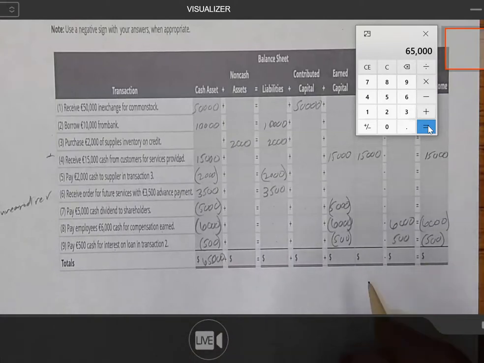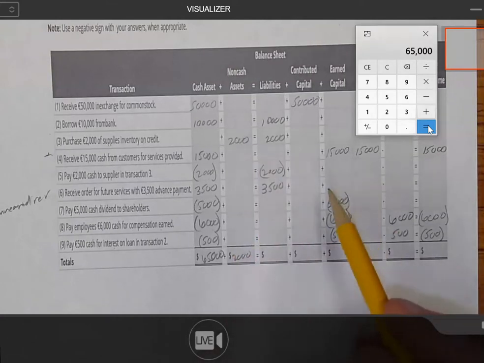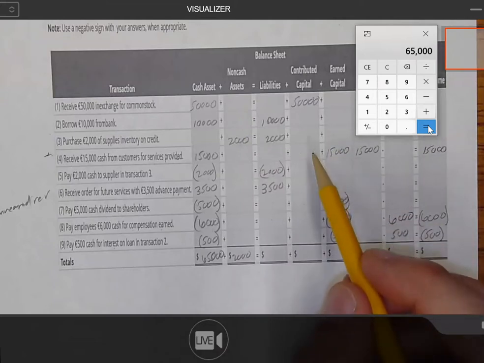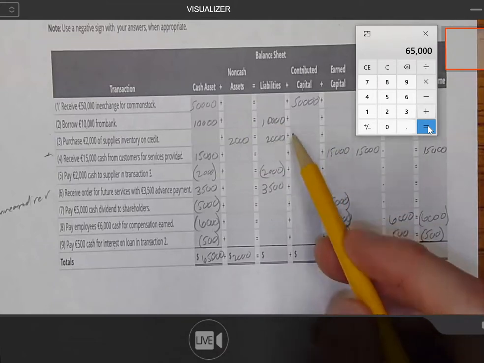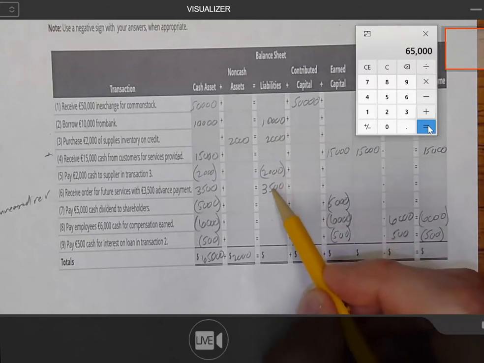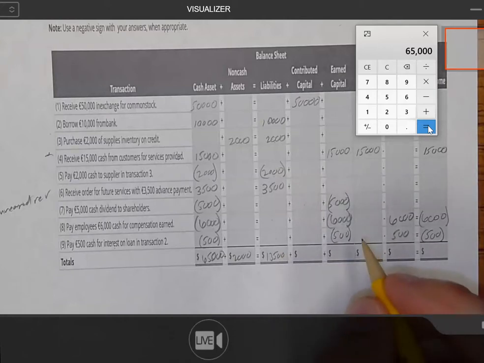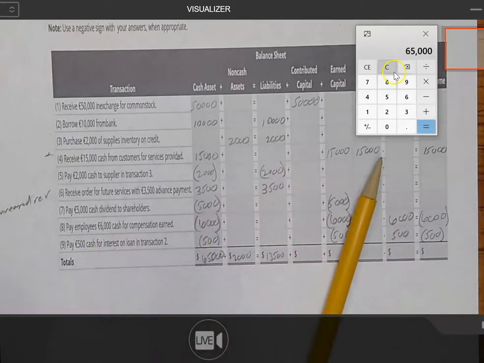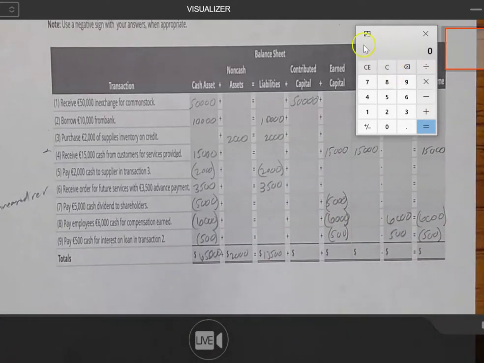$65,000. Our non-cash assets, we just had the one here, 2,000, and then let's see here now, liabilities are 10 plus 2 is 12, minus 10 plus 35 is 13,500. And then let's see here, what else do we have?